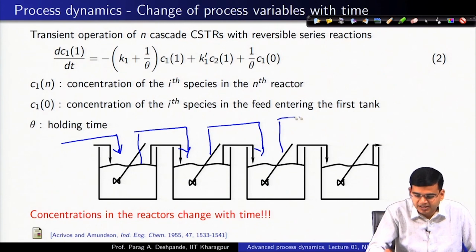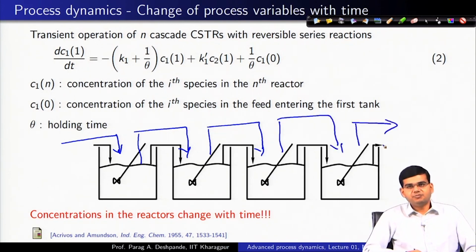Okay. Again, during the steady state operation, you would expect the model equations to be independent of time, but when transient operation takes place, the concentrations of the species inside the CSTR change with time, and therefore, you need to understand the dynamics of the system.